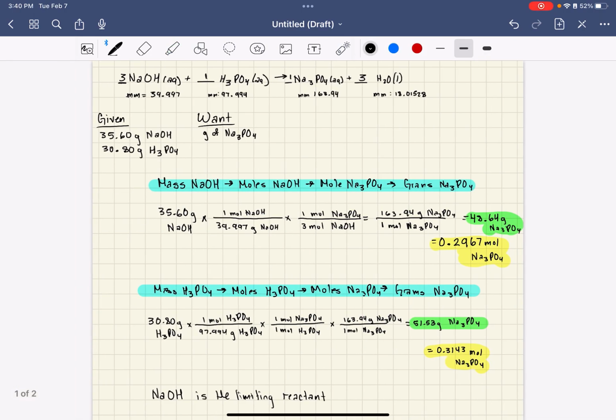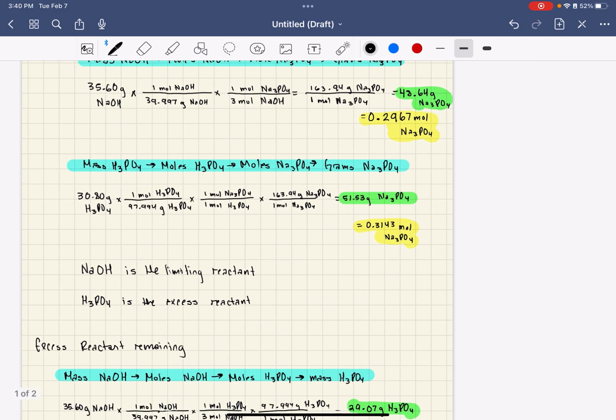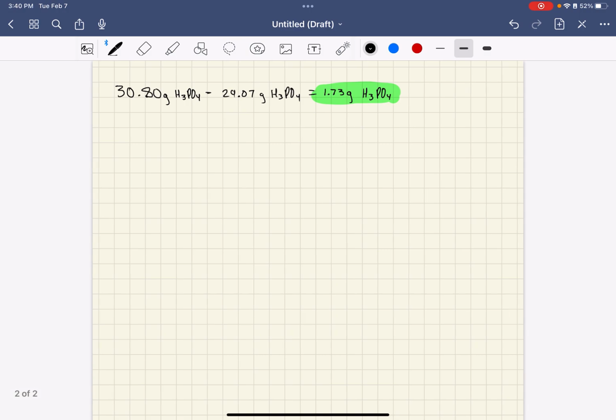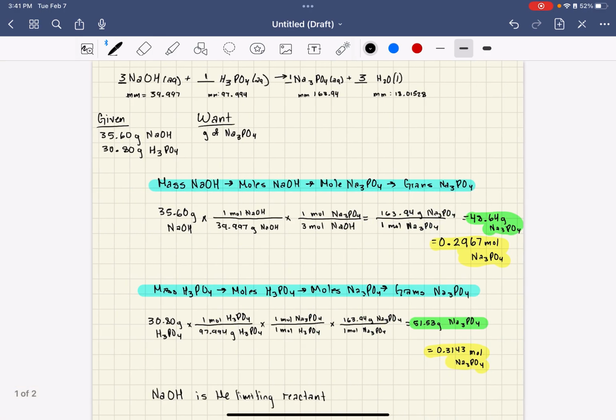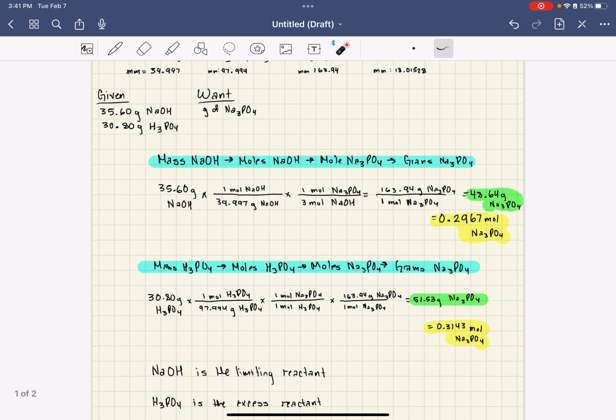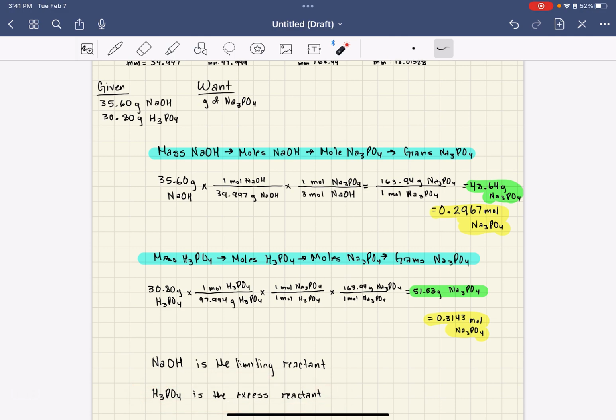So once again, let's write down the answers: the limiting reactant and the excess reactant. The limiting reactant will be NaOH. The excess reactant will be H3PO4.